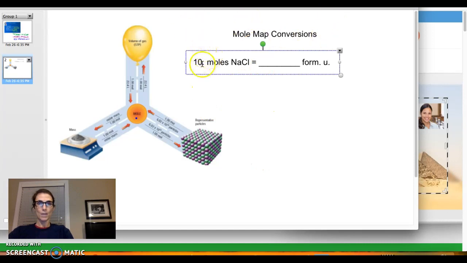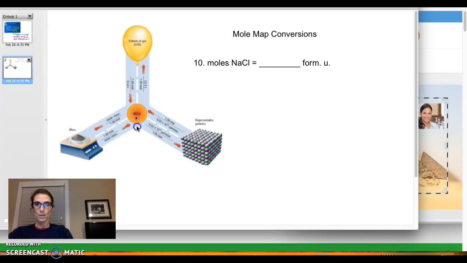So how would we go about setting up that conversion? We have 10 moles of NaCl and we want to convert to formula units. On the mole map, we're starting with moles. So we're starting right here, and we're going to end here. So we're going to follow this arrow. If you follow that arrow, it tells you exactly how to set up your conversion factor.